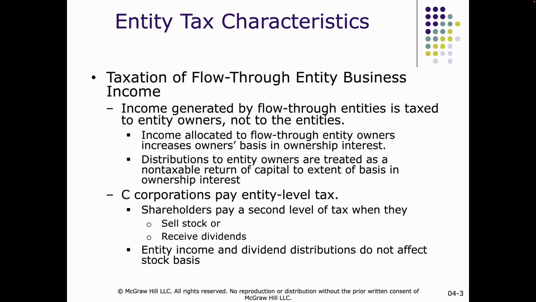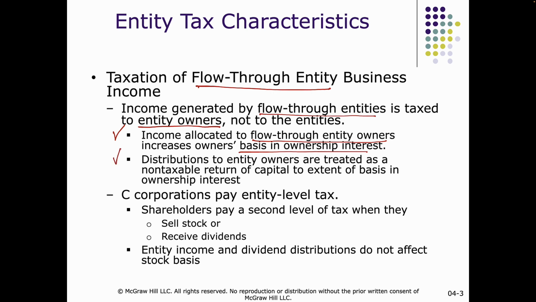So, taxation of flow-through entity business income. Income generated by flow-through entities is taxed to the entity's owners, not at the entity level. The income is allocated to the flow-through entity owners, and that increases the owner's basis in their ownership interest.